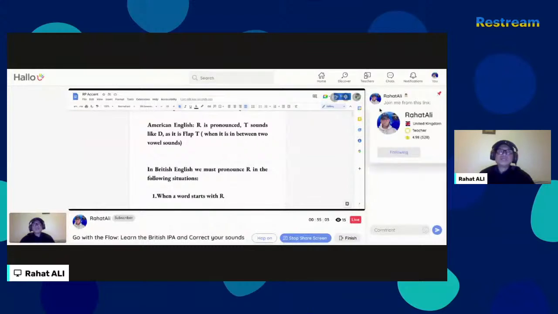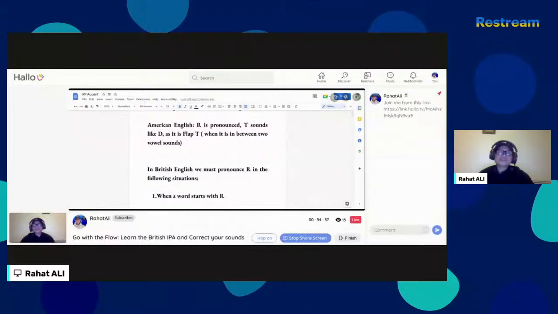So, how many prominent accents are there in the UK? Basically, there are 5 prominent accents, though there are more than 38 accents in the UK. One of them is Cockney for the Londoners. Another is Brummie for the Birmingham people.